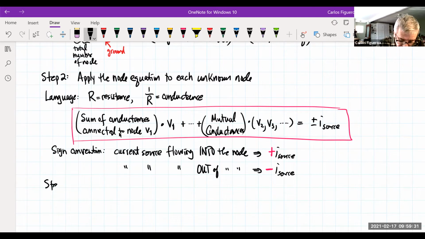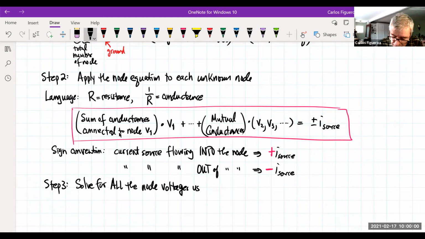And then in step 3, what you do here is that now you solve for all the node voltages using matrix techniques, using a calculator.